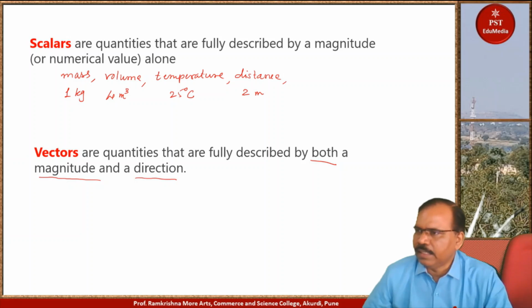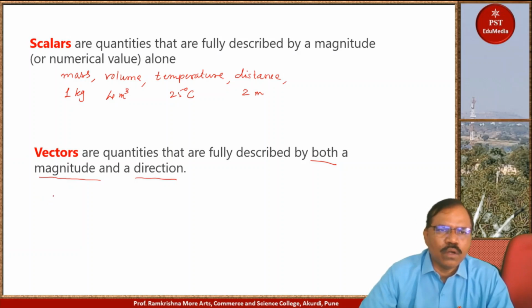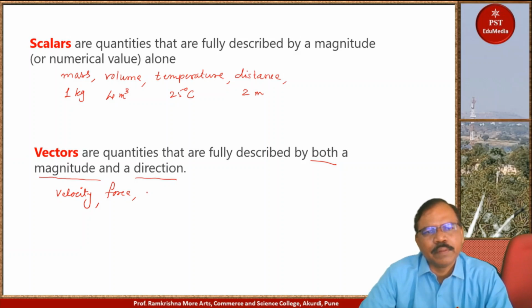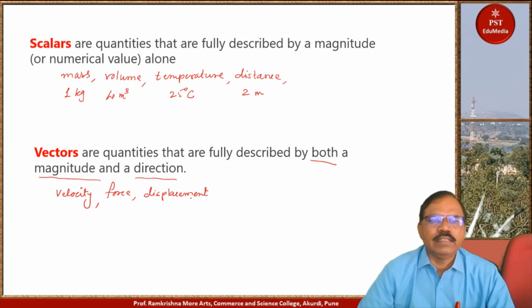So if we see examples here, we have velocity, which is a vector quantity. Force is a vector quantity. Then you can have displacement, which is a vector quantity.